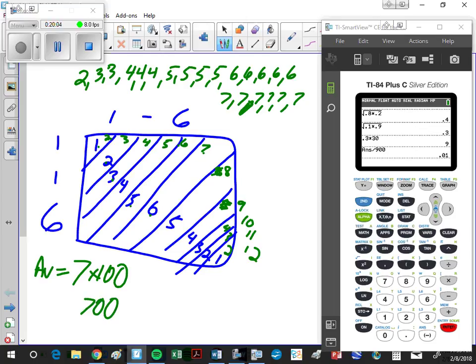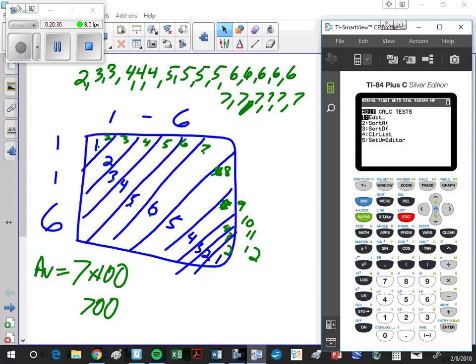Give or take how much? Well, I would need the SD of the box. So I think we're going to have to plug that into our calculators. Okay, watch me as I type these in. So stat, edit.